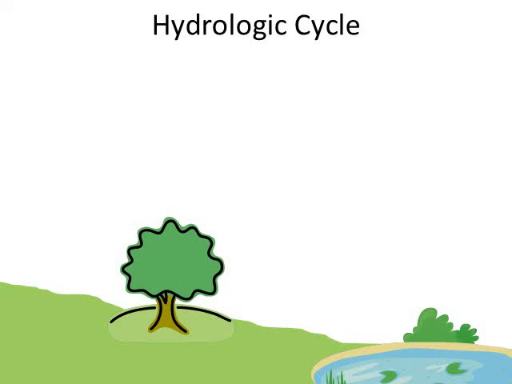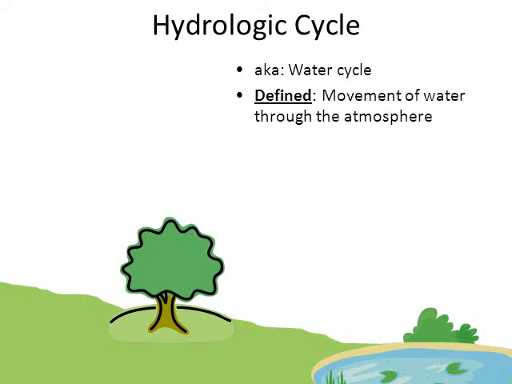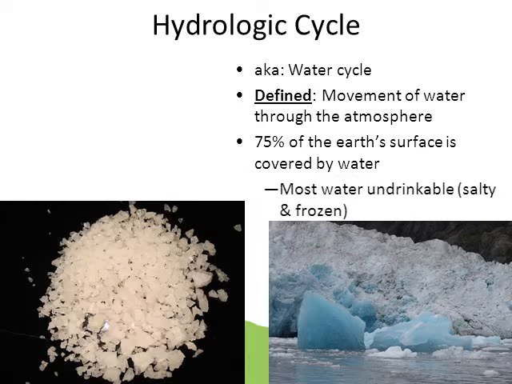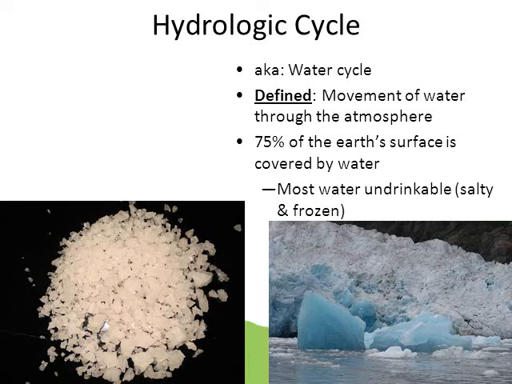So the first biogeochemical cycle I want to mention is the water cycle, also known as the hydrologic cycle. In this cycle, it's simply the movement of water through the atmosphere. Now, when you look at a picture of a globe of the Earth, about 75% of Earth's surface is covered with water. But there's a problem with that water. Most of the water on Earth is undrinkable.